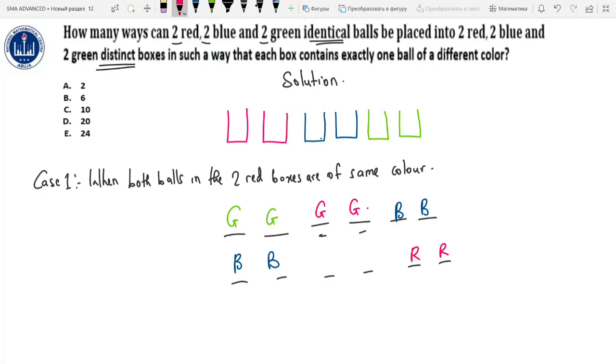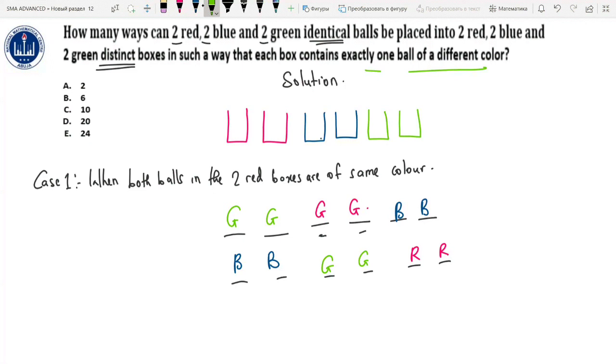The greens cannot be in the green boxes, so they have to be in the blue boxes and the reds go into the green boxes. So these are all the possible configurations. And red definitely is not allowed because of this last condition here. Each box should contain exactly 1 ball of a different color, so it's contradicting that they are the same color, so it's definitely not allowed.